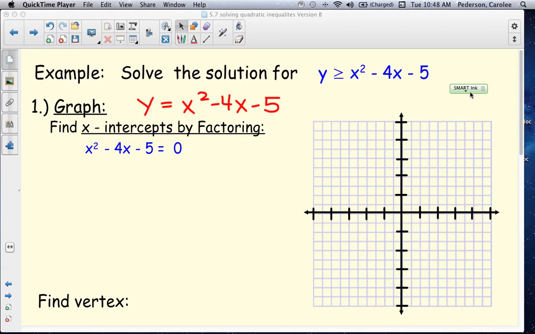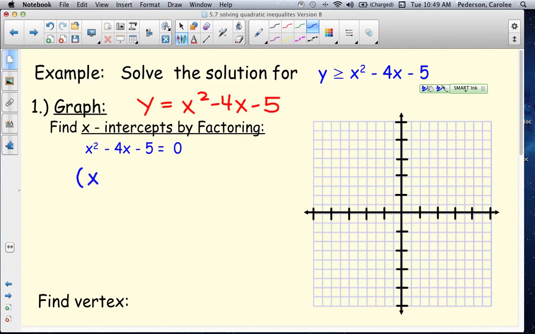So we're going to use the chart method to factor this. So we say, what are the factors of -5 that add to -4? Well, that is -5 plus 1. So if I were to FOIL that back out, I would get my original quadratic equation. Now I'm going to use the zero product property and set those factors equal to 0.